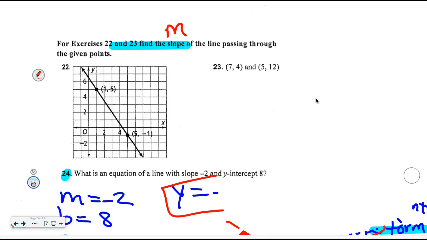You have it on your note. Subtract the y's over subtract the x's. So on these points right here, your y's are 5 and a negative 1. So you're just going to say 5 minus negative 1. The x's are 1 and 5. So you're going to say 1 minus 5.